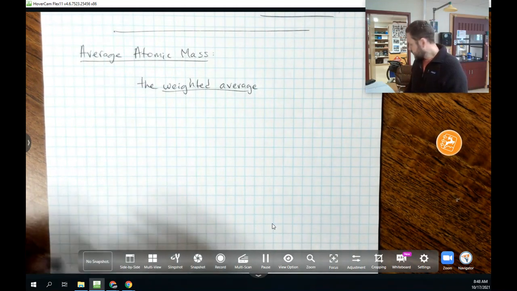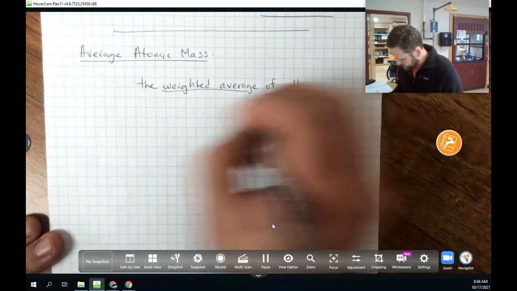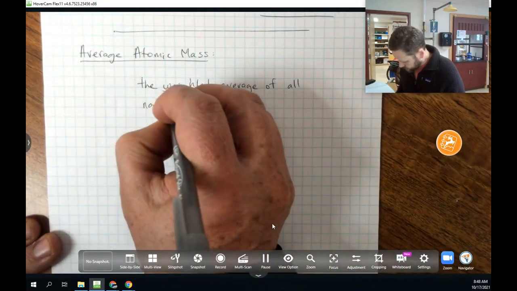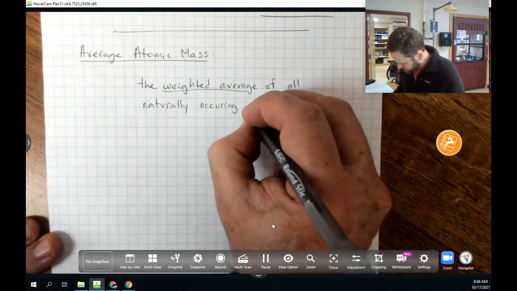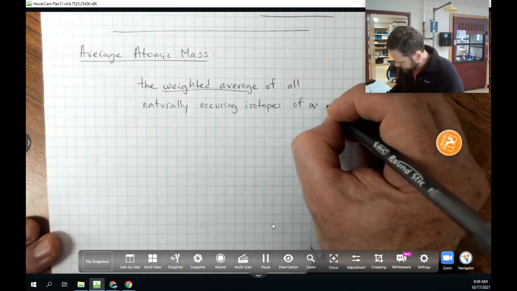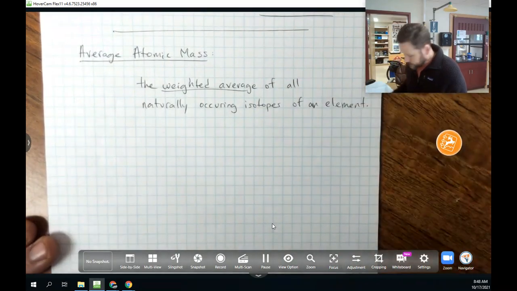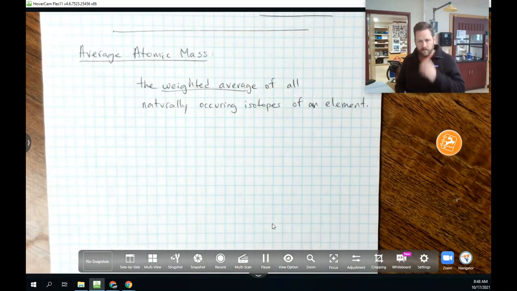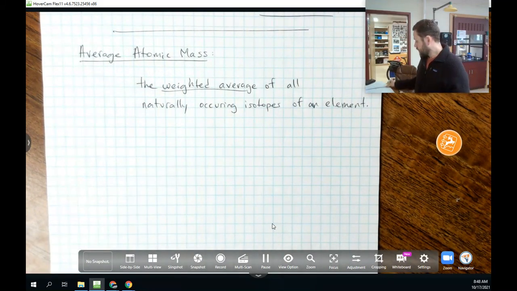It's the weighted average of all naturally occurring isotopes of an element. So more common isotopes are going to have a greater effect than less common isotopes.